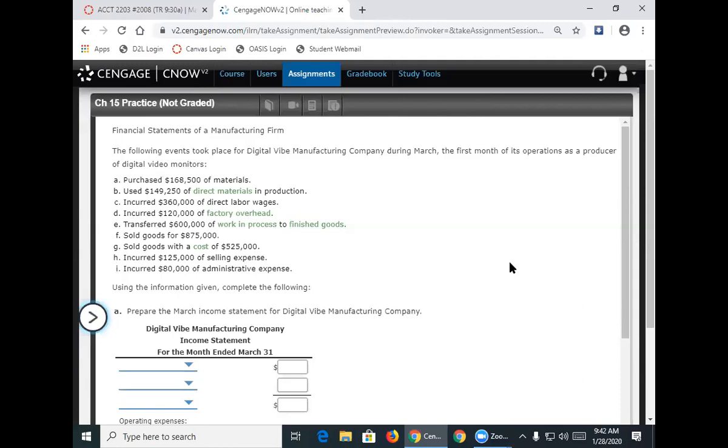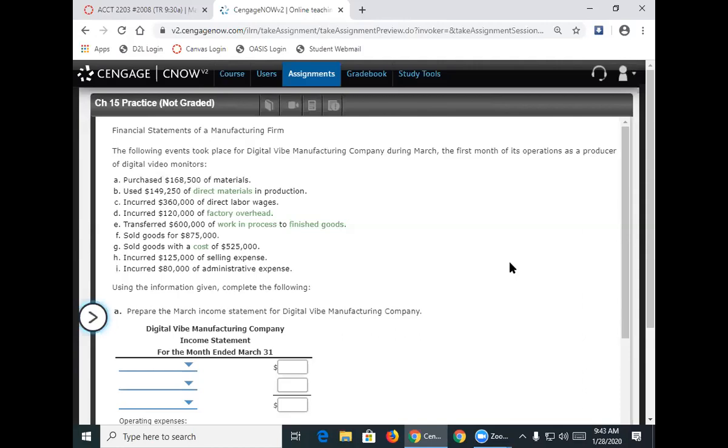Item D, we incurred $120,000 of overhead. That's also a product cost that flows into work in process. So $120,000 gets debited to work in process, and credited to overhead.